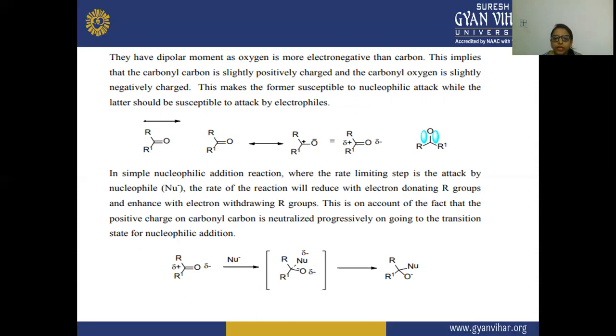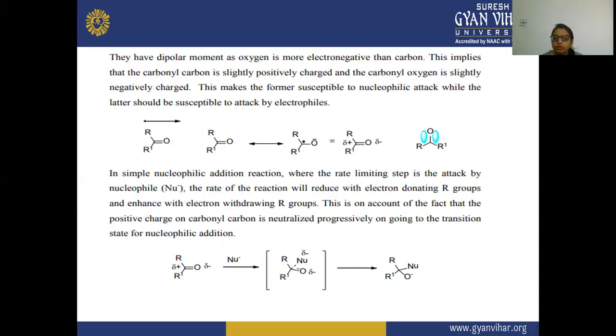So the carbon is susceptible to nucleophilic attack, while the oxygen is susceptible to attack by the electrophile, because the oxygen is electronegative and has pulled electrons from the carbon atom. The carbon is electron deficient, which is why a nucleophile will attack the carbon atom.